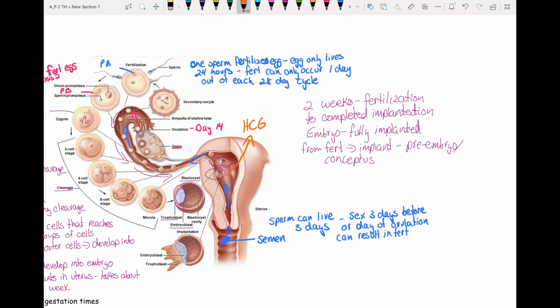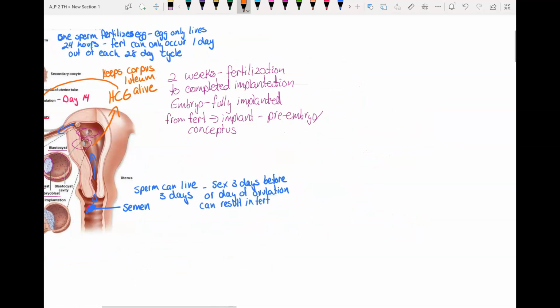So we mentioned this hormone in chapter 28. That's human chorionic gonadotropin. This hormone goes to the ovary and it keeps that corpus luteum alive. So once you have an implanted embryo, it secretes HCG.